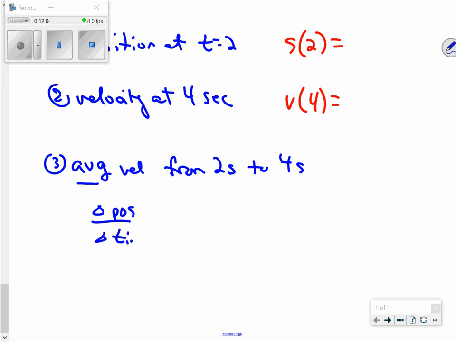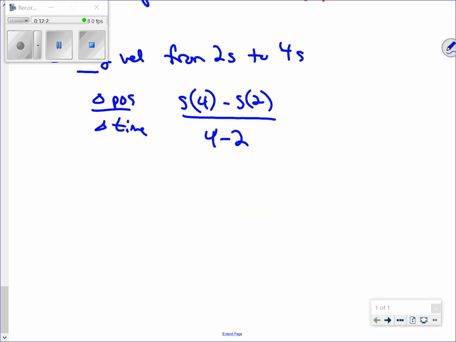So the change in position over change in time would be find the position at time 4 and find the position at time 2 and subtract. And then subtract 4 minus 2. You know that that's just slope. That's y2 minus y1 over x2 minus x1. This is on average what's the velocity, not what was the velocity at any specific time.